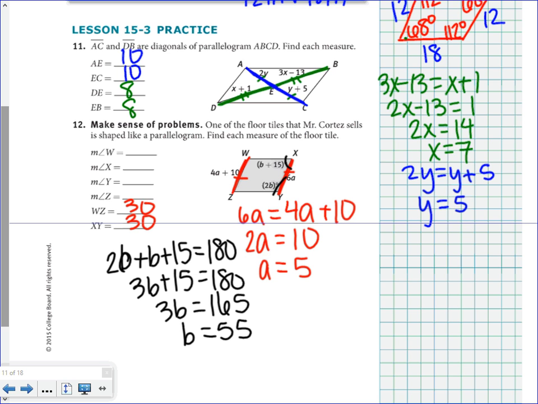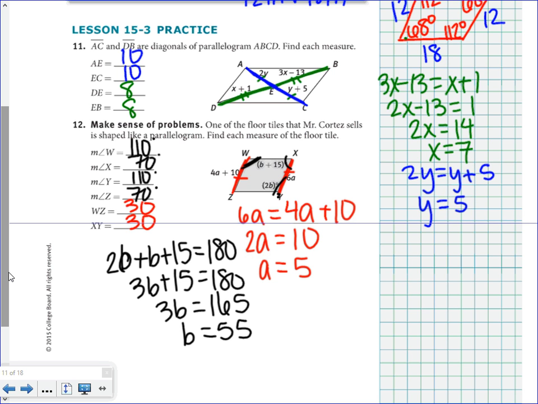Then you plug that in to find your angles. 2 times 55 means that angle Y is going to be 110. That also means angle W is 110 because it's opposite angle Y, and those are supposed to be congruent. Angle X is supplementary to angle Y, so angle X should be 70. And if you plug 55 in, 55 plus 15 is 70 degrees. And then Z is opposite, so it should be congruent to angle X.